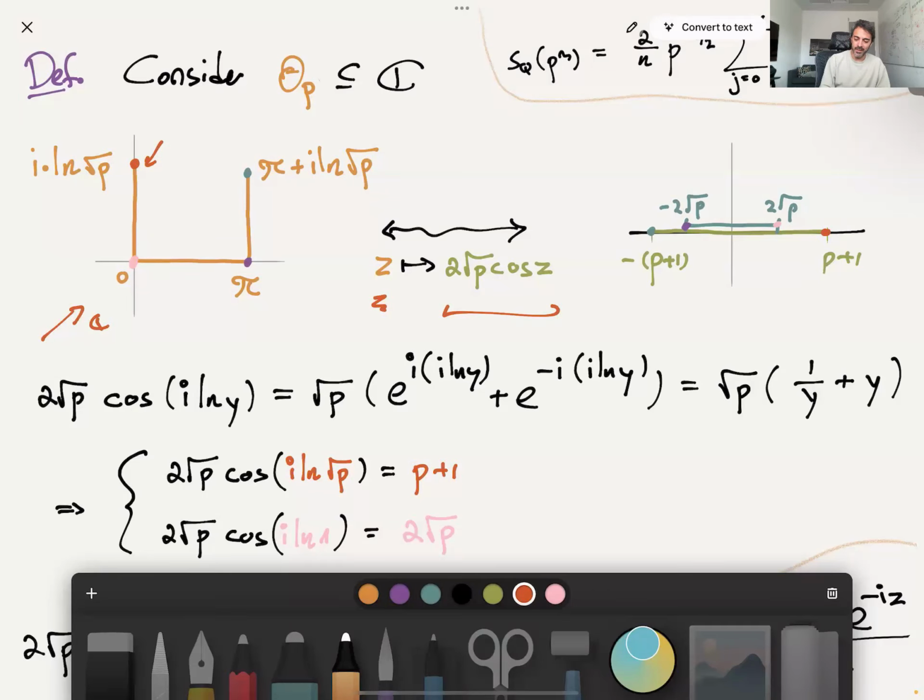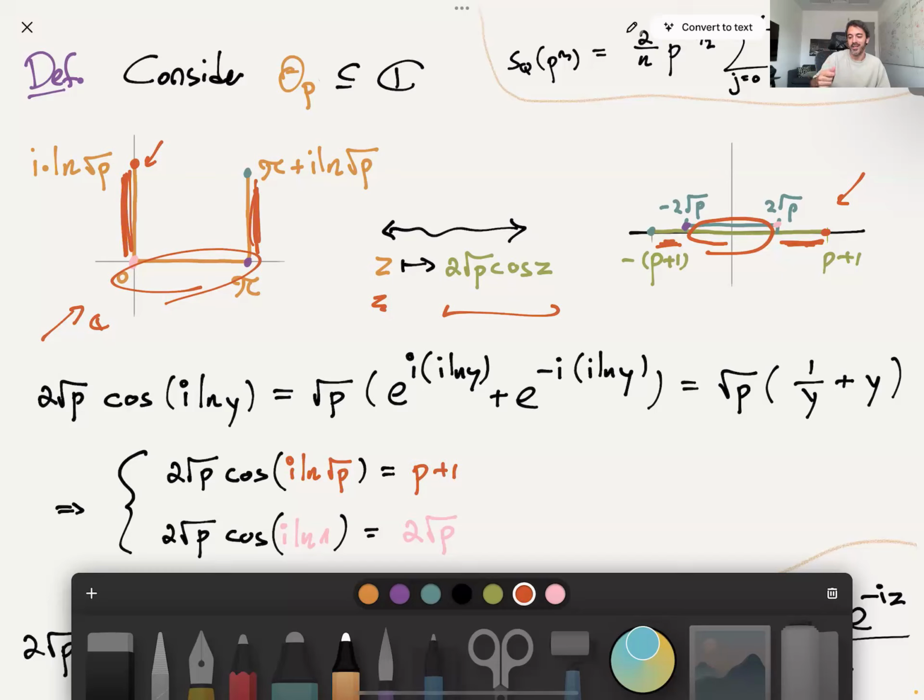And not only that, this segment is bijected with that. This is actually not the right scale. This is much smaller than that, but never mind. This part, this bit is bijected with that. And interestingly, the real part of theta p, the segment 0 to pi, is bijected with this bit, which is precisely kind of the Ramanujan segment.